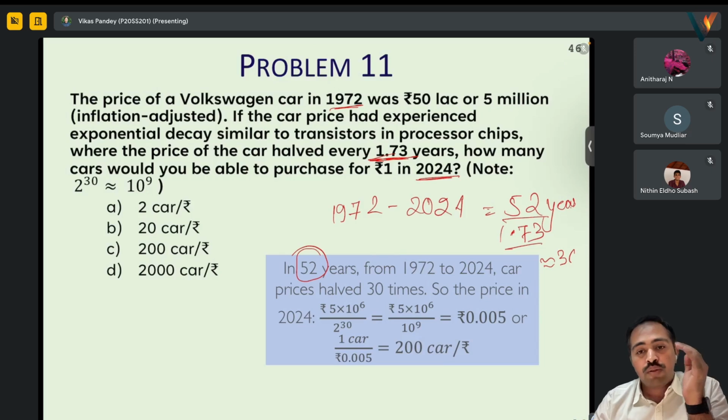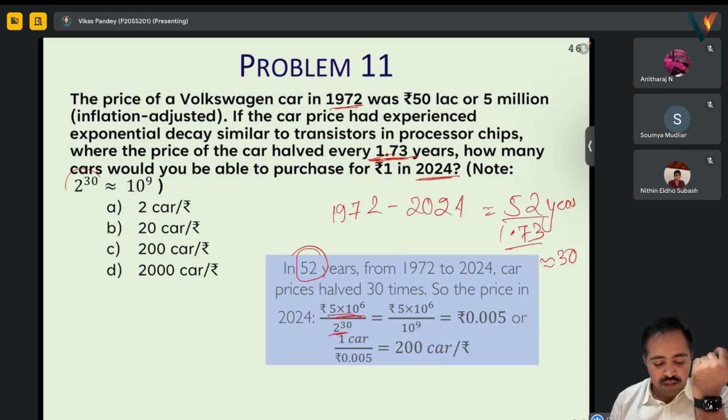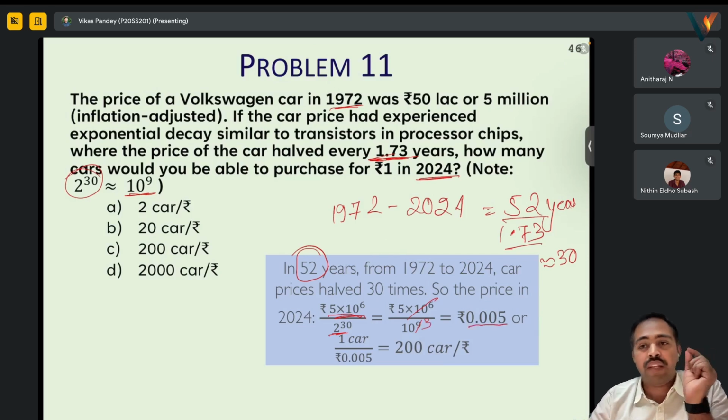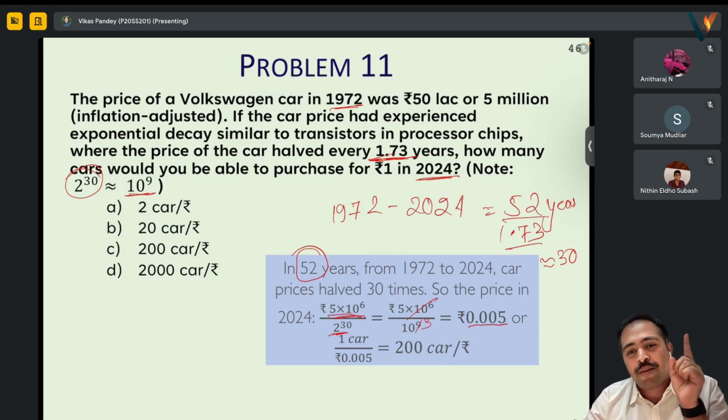So we can calculate it like 5 into 10 to the power 6 divided by 2 to the power 30, and it was given that 2 to the power 30 is approximately equal to 10 to the power 9. Solving this, that will cancel out and 3 will remain. So 0.005 will be the cost of one car. If we divide 1 rupee by this, we will be able to get 200 cars in 1 rupee.